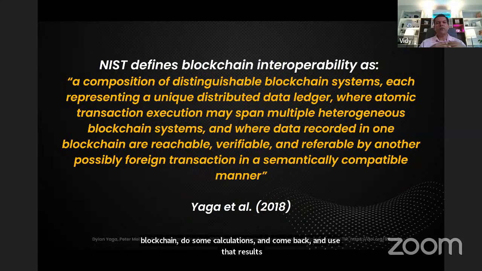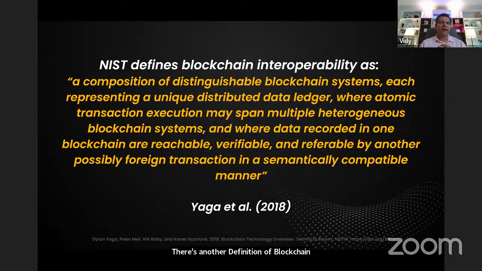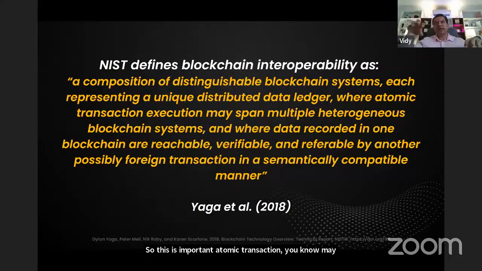There's another definition of blockchain interoperability provided by NIST, the National Institute of Standards and Technology. They define interoperability as a composition of distinguishable blockchain systems, each representing a unique distributed data ledger, where atomic transaction execution, which is important, may span multiple heterogeneous blockchain systems. These are different types of blockchains.